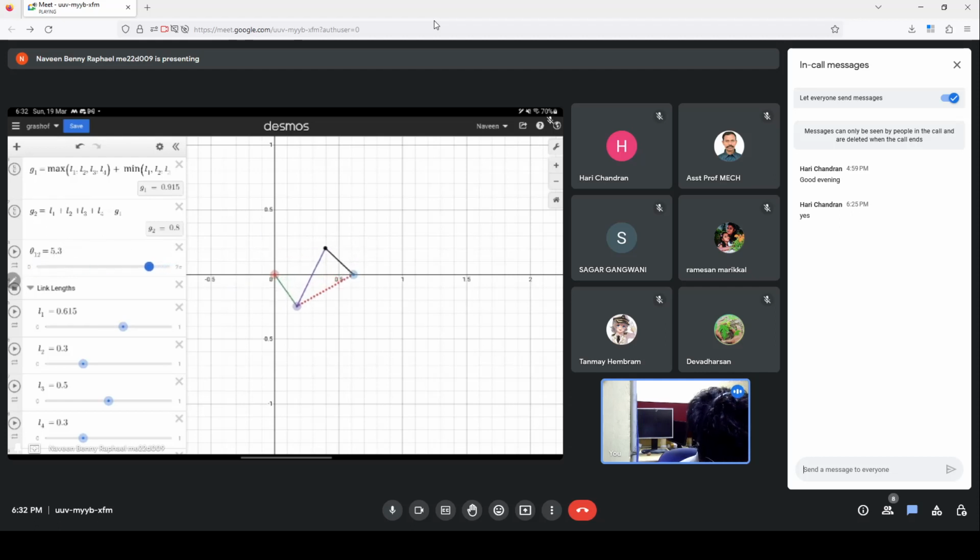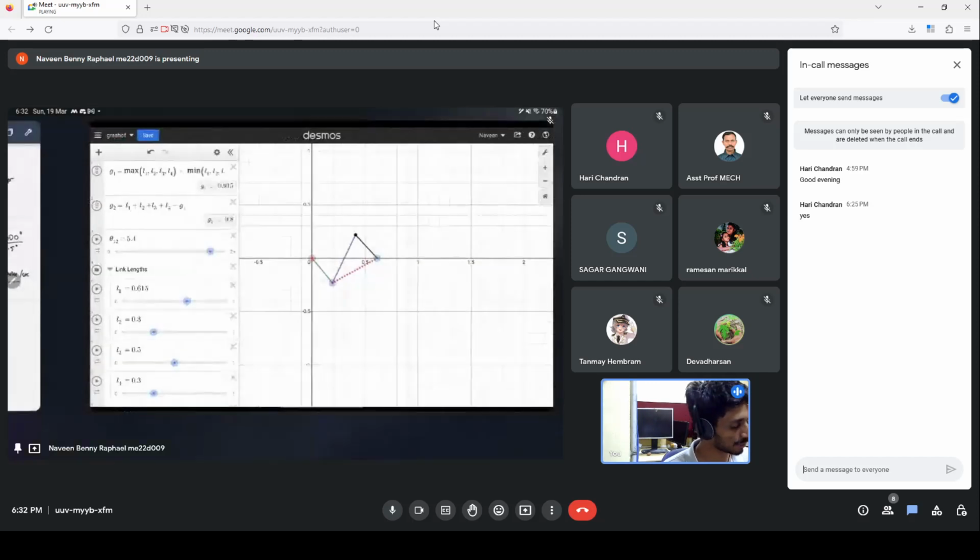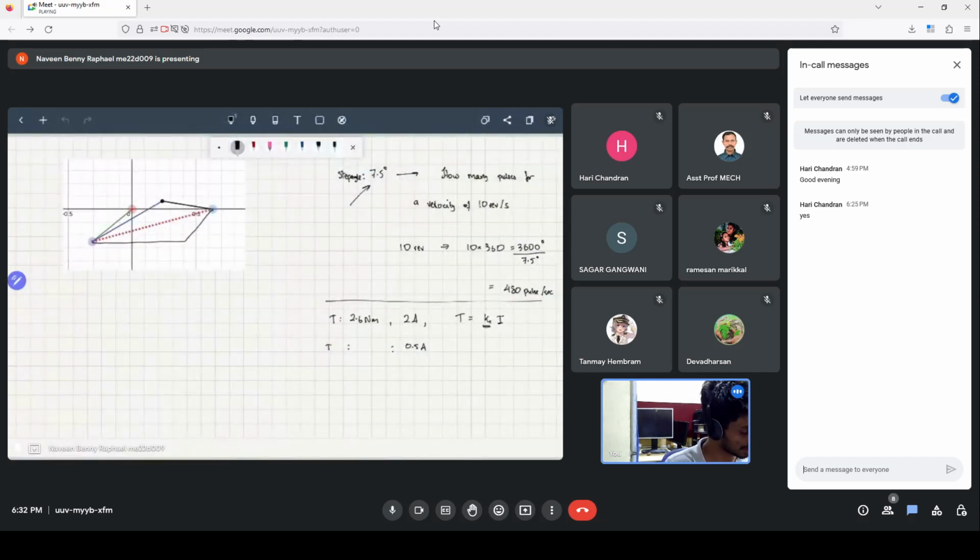So essentially both the green and the black undergo the rocker motion. So that is about the 4-bar linkage.